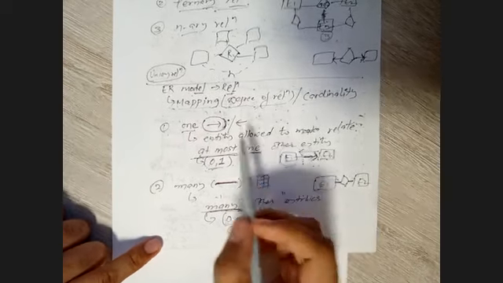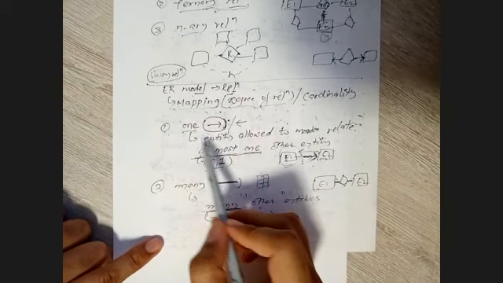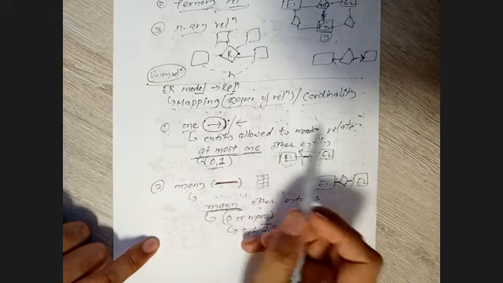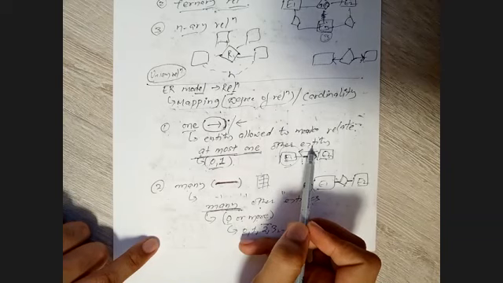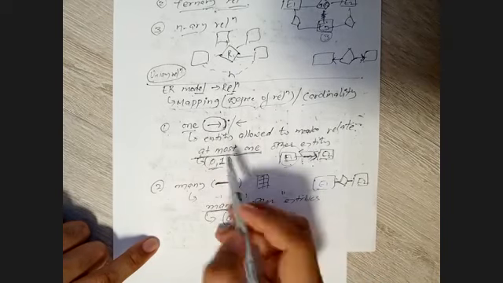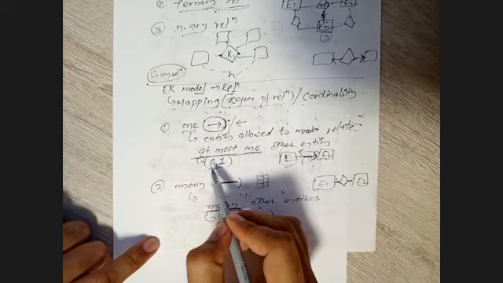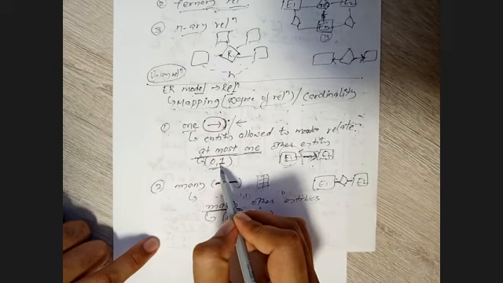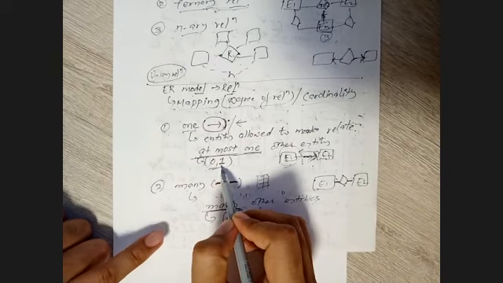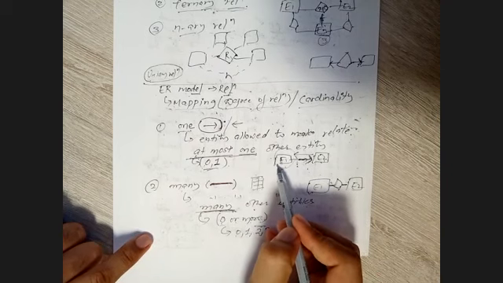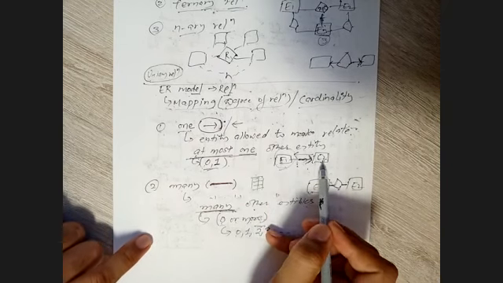So what is the one part? Here the entity is allowed to relate to at most one other entity. At most means either zero or a maximum of one. So one entity can have either no relation, or exactly one relation.